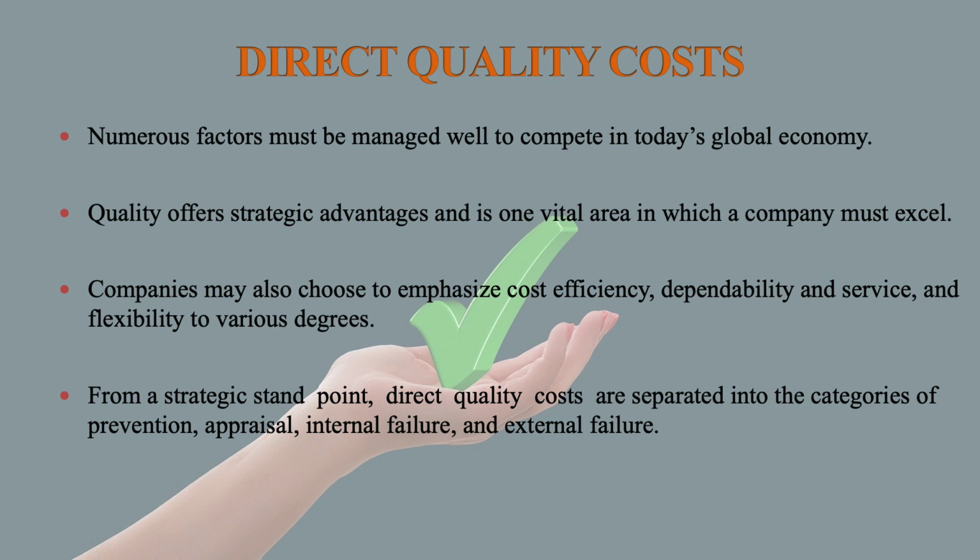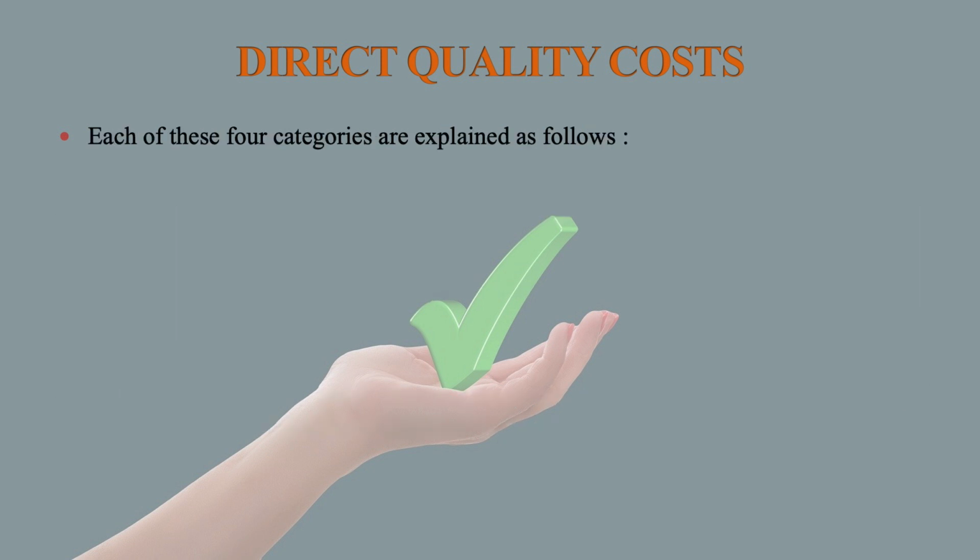From a strategic standpoint, direct quality costs are separated into categories of prevention, appraisal, internal failure, and external failure. So these are the various direct costs. Each of these four categories is explained as follows.